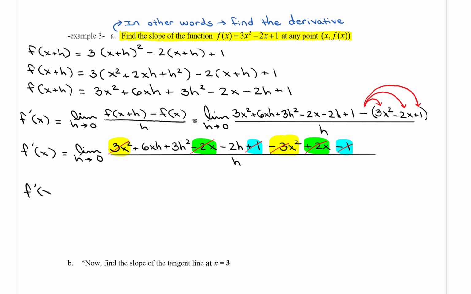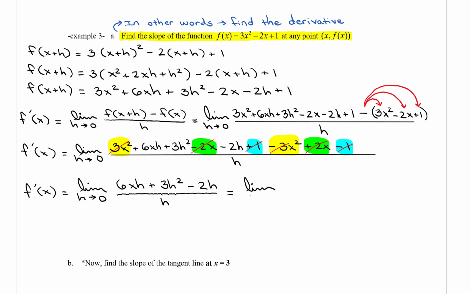f prime of x is equal to the limit as h approaches 0 of, so I'm going to have left over in that numerator 6xh plus 3h squared minus 2h all over h. Since each one of the terms in this numerator has an h, I'm going to factor out that h.